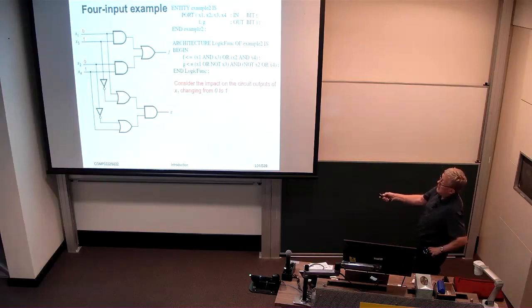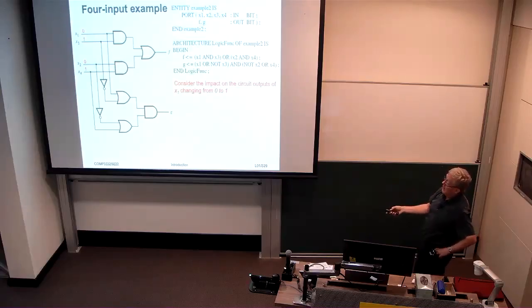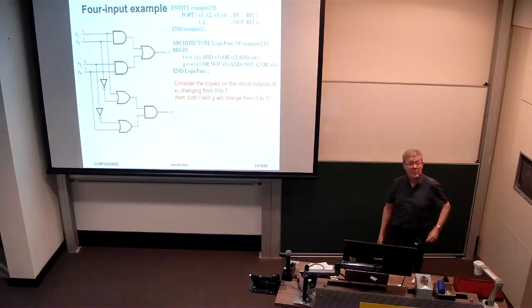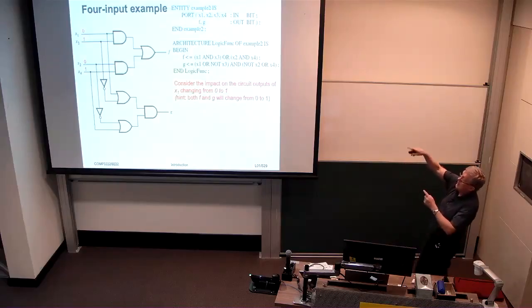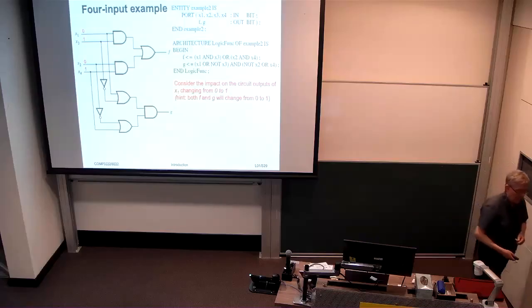And given that the output initially of this AND gate was 0 as well, so F would have been originally 0, it'll go to 1, right? And you can make a similar argument to show that G also will go from 0 to 1. So what order should things happen in that description? Should we evaluate F first, or should we evaluate G first?